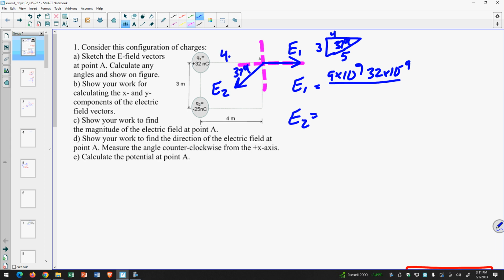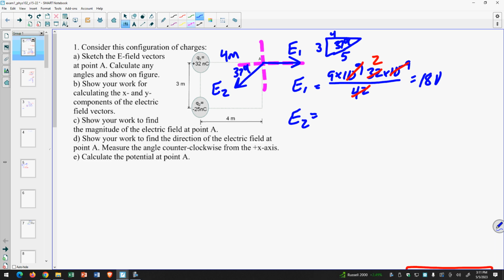That r is 4 meters, so that's 4 squared. And then look, I get some cancellations. These cancel. 16 into 32 leaves me 2. And so that leaves me with 18 volts per meter. It is positive because that 32 is positive. Or excuse me, never mind. There is no sign attached to it. That is just the magnitude of that vector.